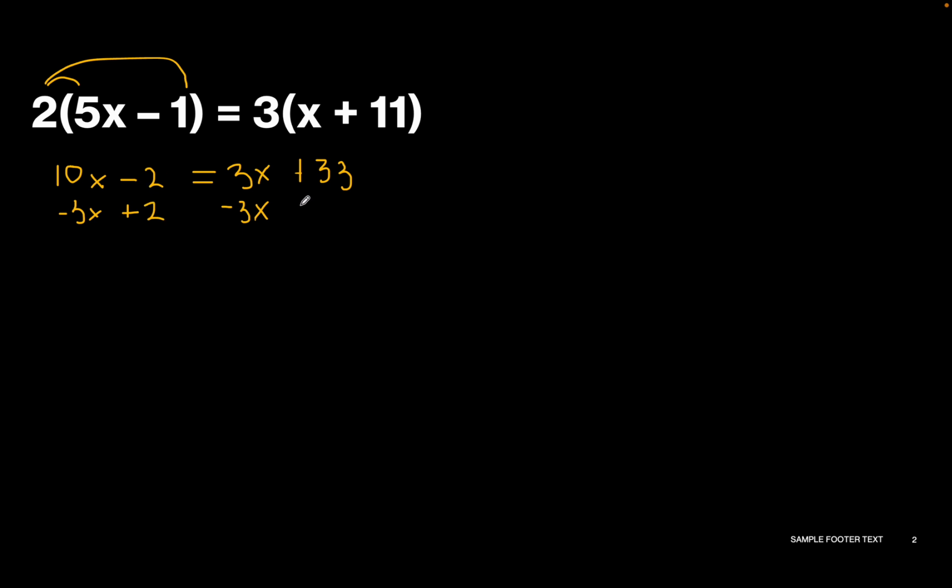Since I added 2 to that side, I have to add 2 on this side. I'm crossing these out because I've gotten rid of them. Bringing my equal sign down: 10x minus 3x is just 7x, and 33 plus 2 is 35.